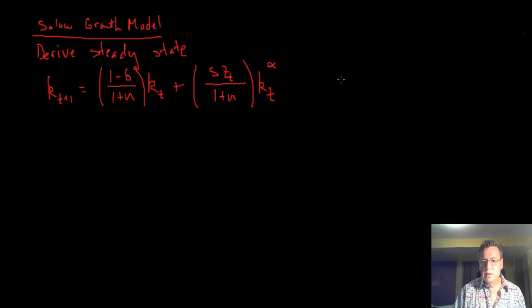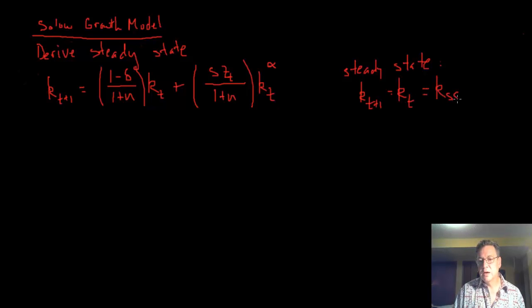Now we defined a steady state as being when capital is constant. So that means k_t plus 1 is equal to k_t, and let's just call that k_ss for steady state.